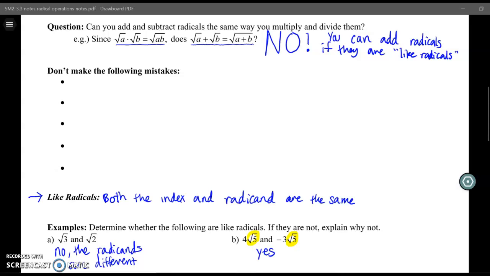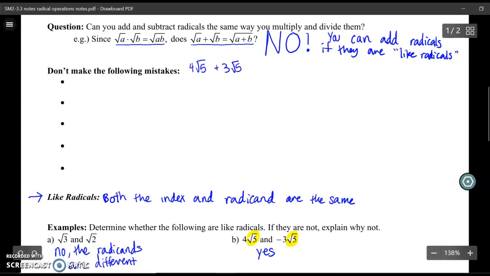Okay, let's talk about a few common mistakes that people often make when they're adding radicals. Basically, when you find two radicals that are like radicals, you just add the numbers in front of them. So if we were going to add 4 square roots of 5 plus 3 square roots of 5, then we would have 8 square roots of 5.